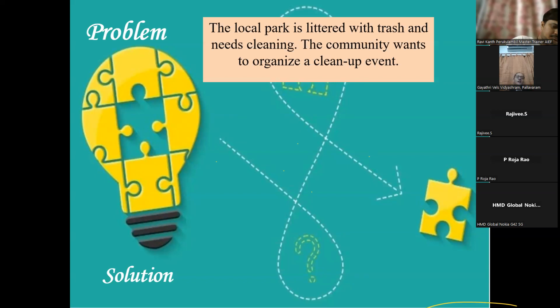Superb, ma'am. So first, track progress. We need to evaluate how many volunteers participated, how much trash was collected, as ma'am said. Then we can check whether the park has been significantly cleaned, and we need to collect feedback from the volunteers also, if they found any challenges, like not enough volunteers: ma'am, it is very difficult with only a few members, we need some more members.